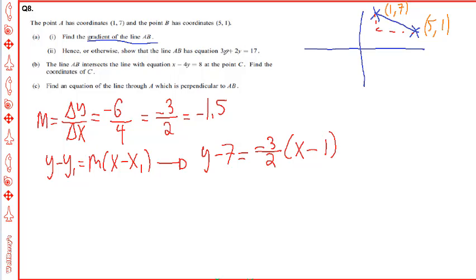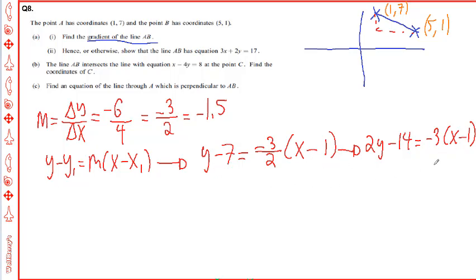It wants it in this form with no fraction, so I'll multiply everything by 2 to remove that fraction. So it becomes 2y minus 14 equals minus 3(x minus 1). Multiply each one of these by 2; only that goes because that's multiplied by that, so the 2 goes.